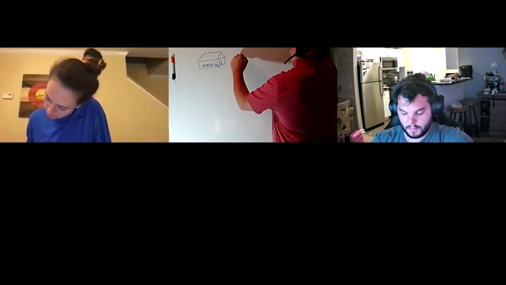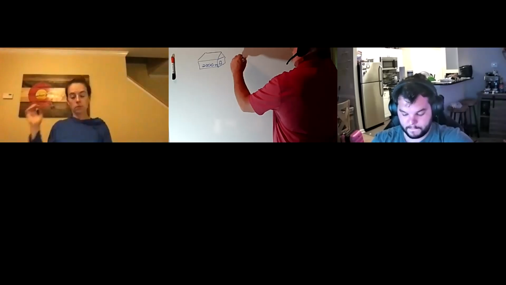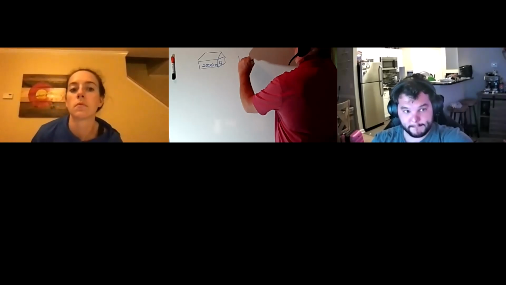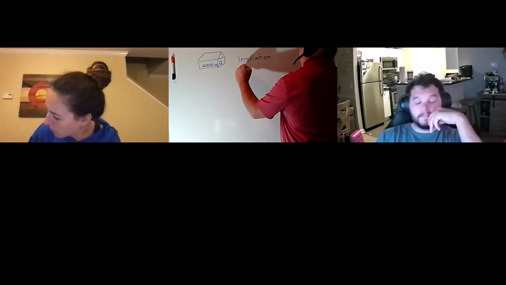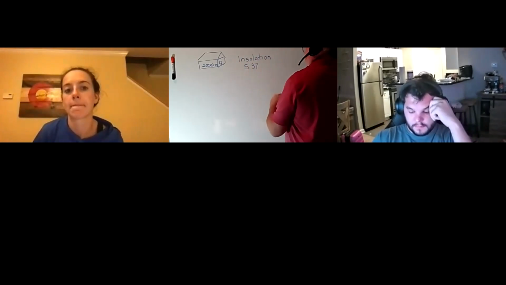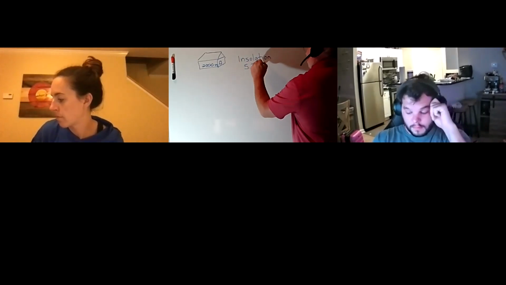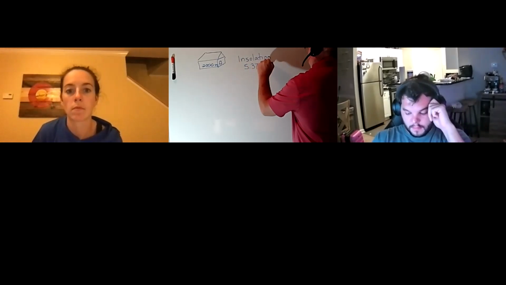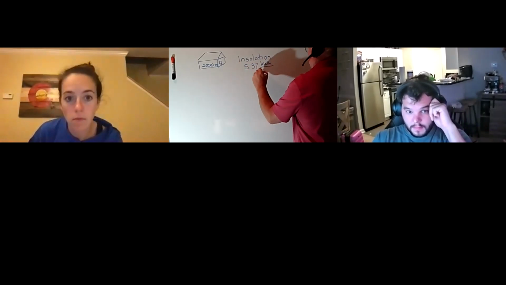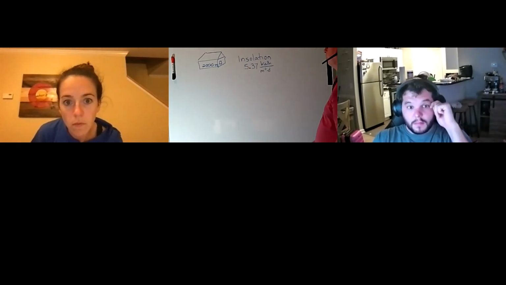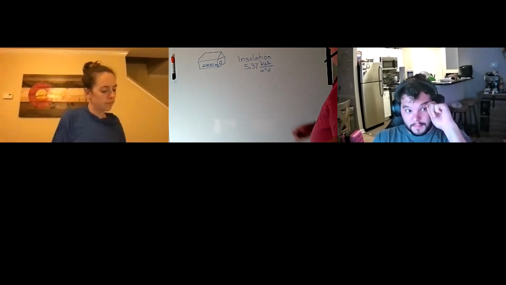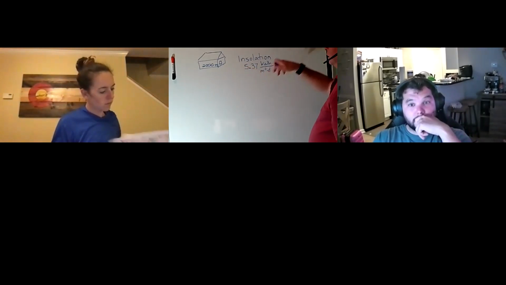So the Q that we're talking about, this insolation factor, is 5.37. Now we'll just try and break down those units a little bit more carefully. Kilowatt hours, I guess we have to figure out what that is, per square meter per day. So we probably want to convert square feet to meters.